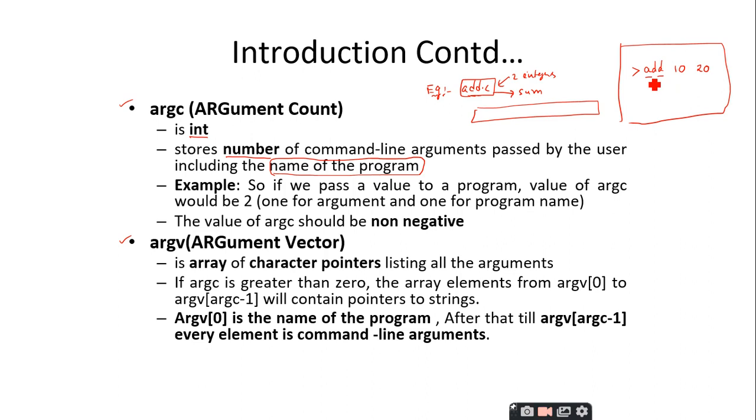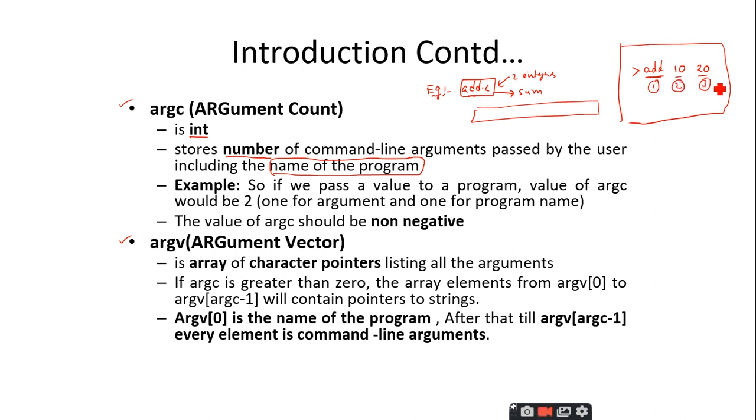You can observe here that in total in the command prompt I have given 3 arguments. The first one is the name of the program, the second one is the first value, and the third one is the second value which I want to add. While argument count is considered, it counts all the values that are given in the command prompt.